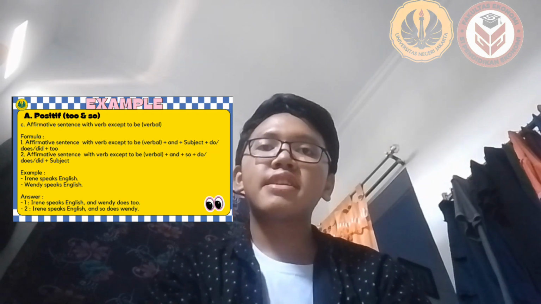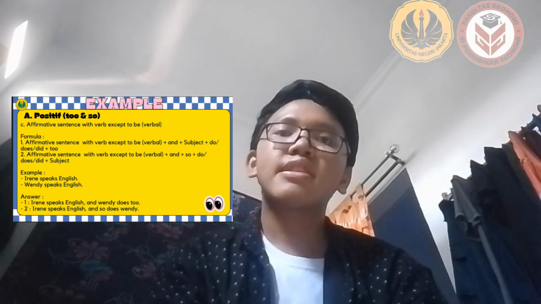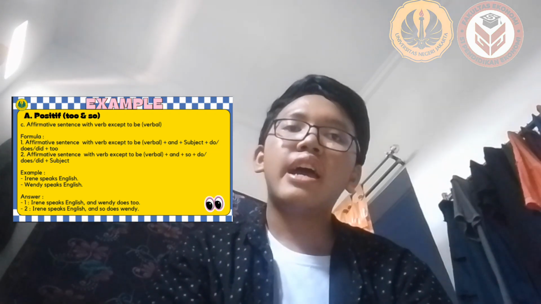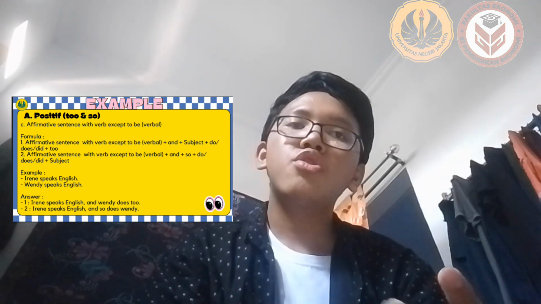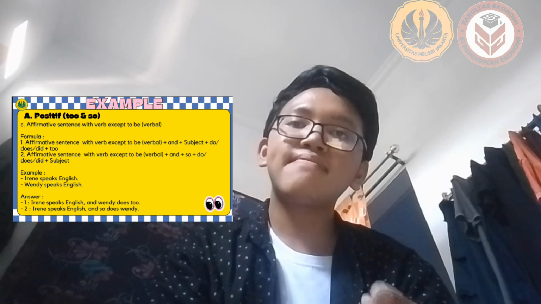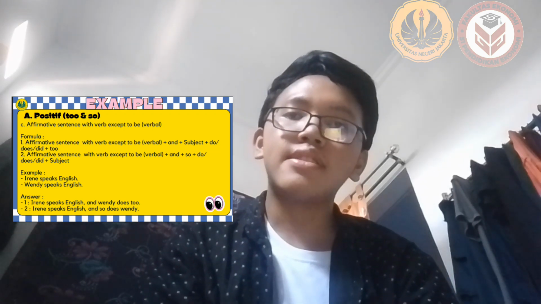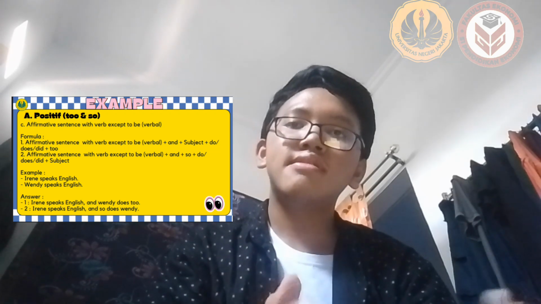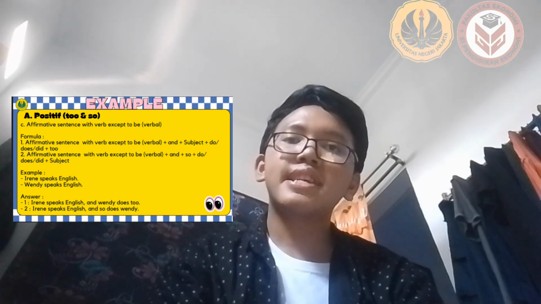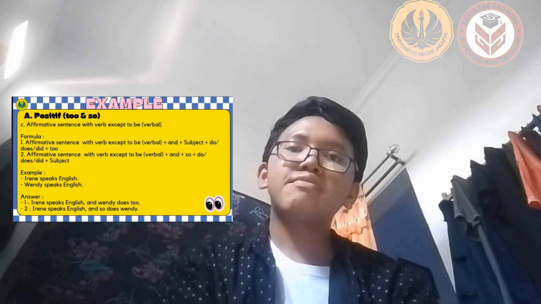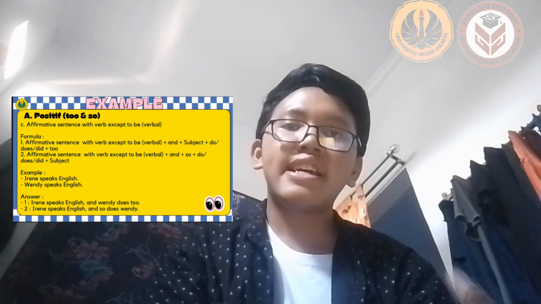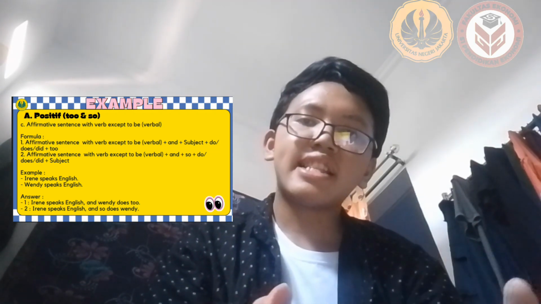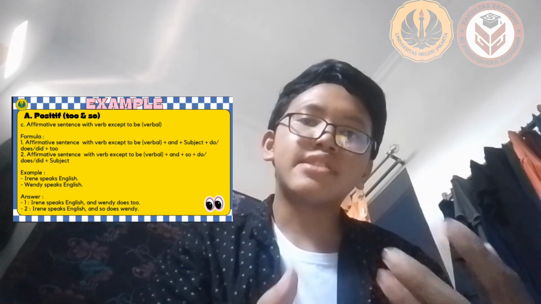The second one: affirmative sentence with verb except to be or verbal and so, do or does or did, plus subject. Example: Irene speaks English. Wendy speaks English. The answer is: Irene speaks English and Wendy does too. Irene speaks English and so does Wendy.